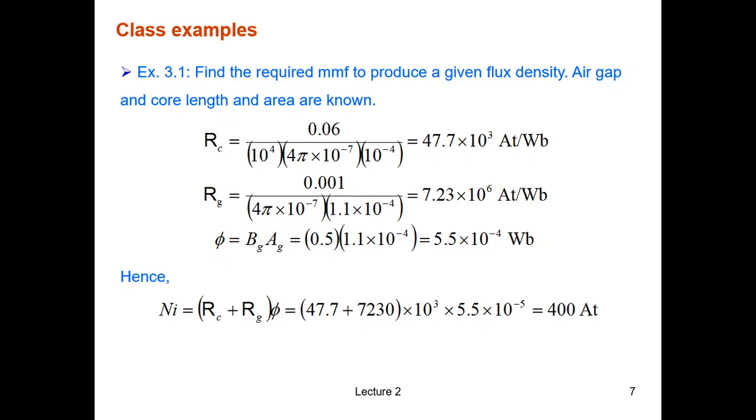We may have just one turn and put through 400 amperes, or just 1 ampere using 400 turns, so we end up with the same NI, which is a nice feature when you design a magnetic structure. It's very flexible.